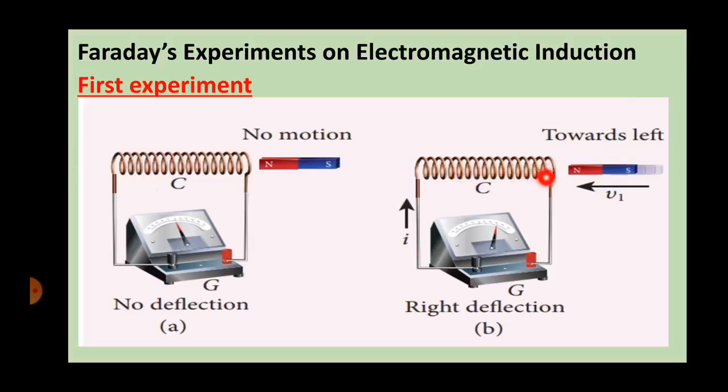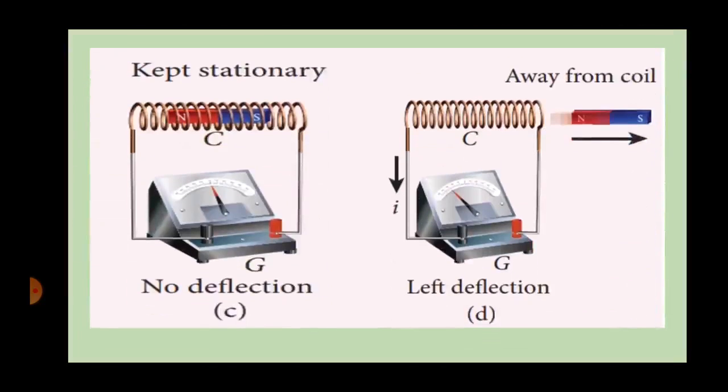It is nothing but relative motion between the coil and the bar magnet. The momentary deflection in the galvanometer indicates that an electric current is set up in the coil. If the bar magnet is kept at rest inside the coil, the galvanometer does not show deflection. That means the galvanometer value is 0.